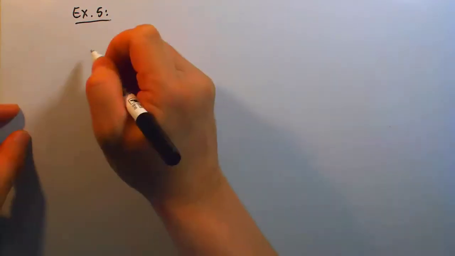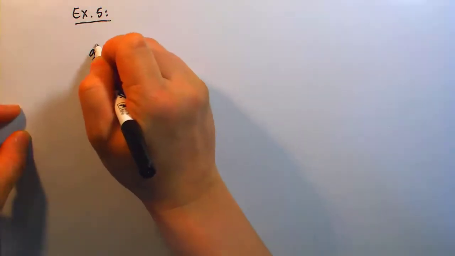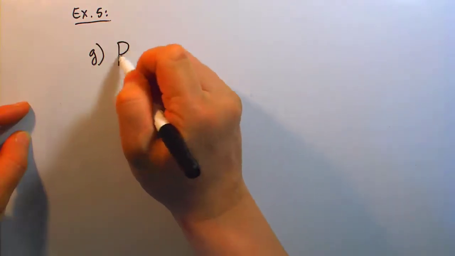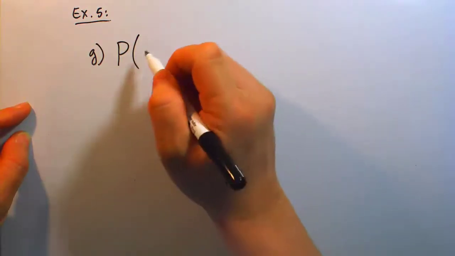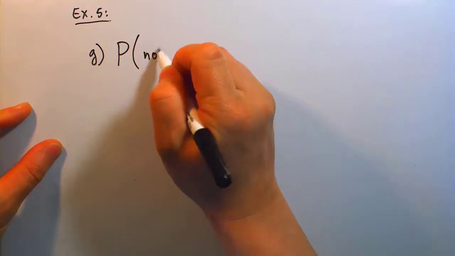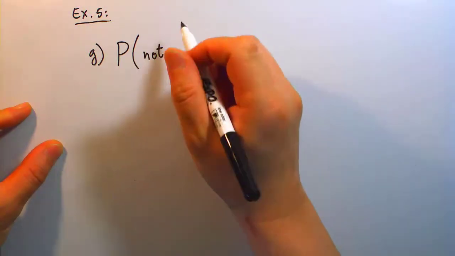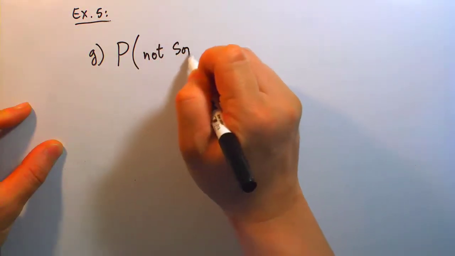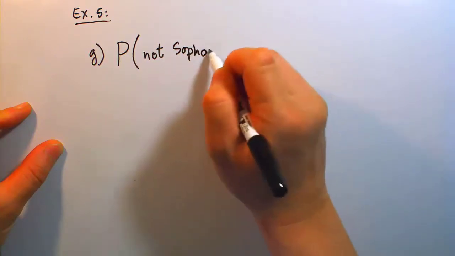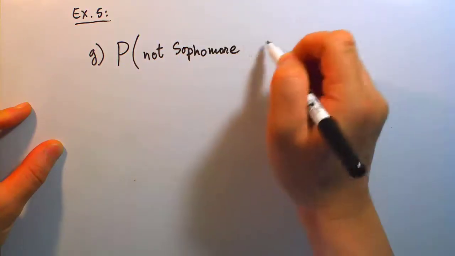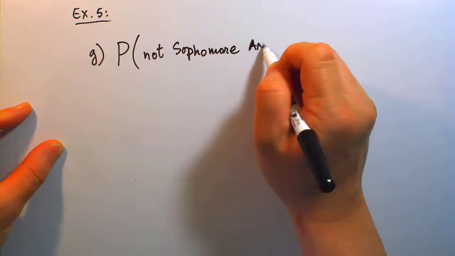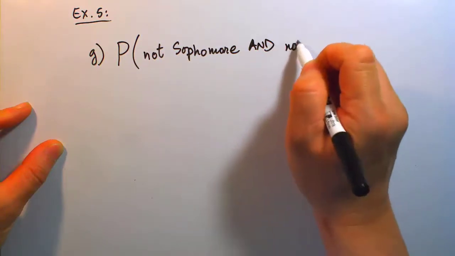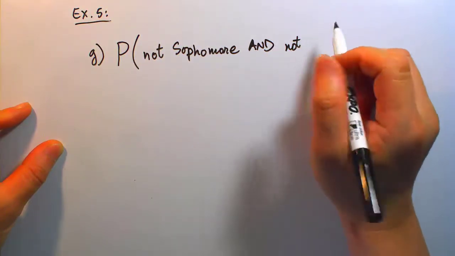All right, so taking from what we learned, let's do another question back in this example. Let's say find the probability where we're looking at not sophomore and not engineer.